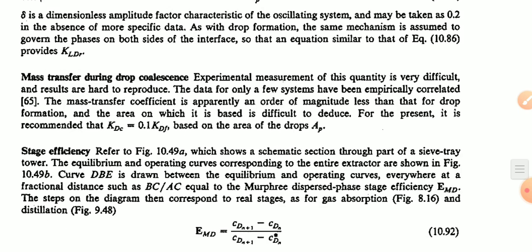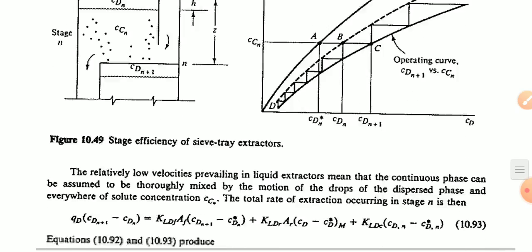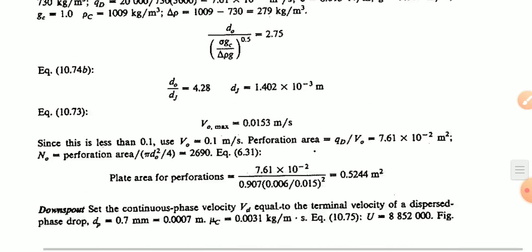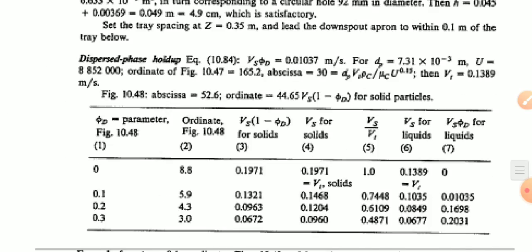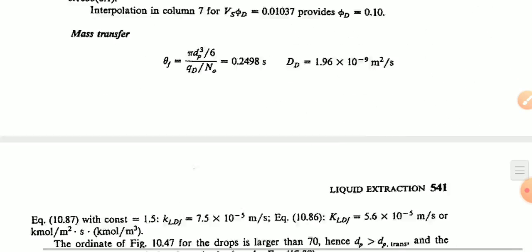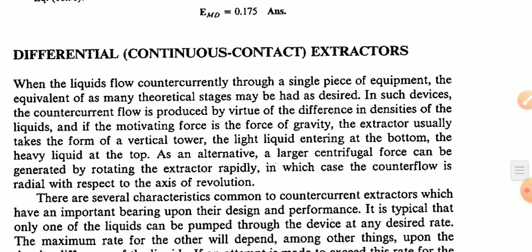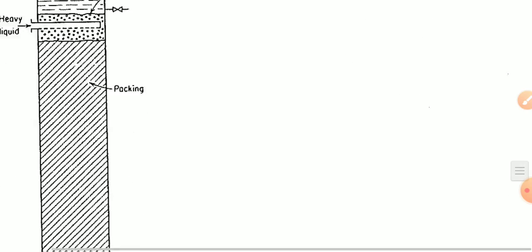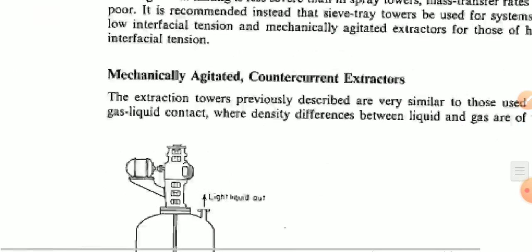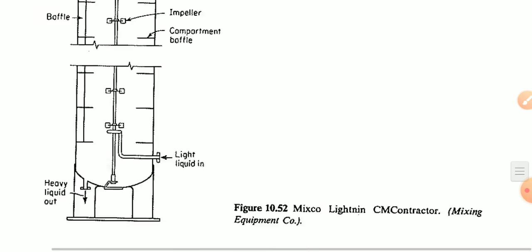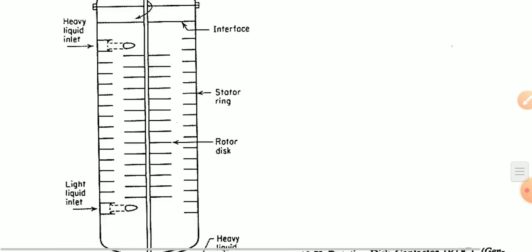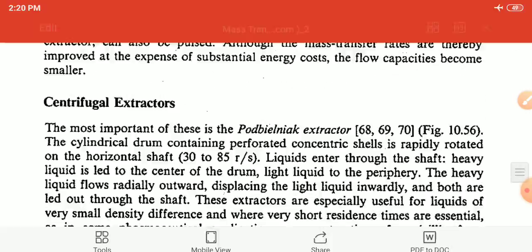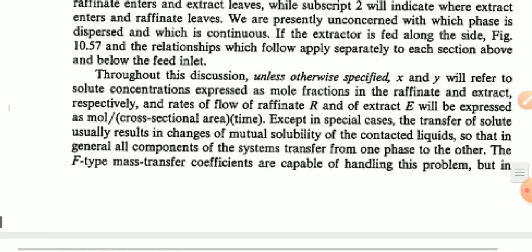Mass transfer including droplets, stage efficiency. Now this is an important chapter, most probably 7 to 14 marks in this chapter. Overall, most of it is examples, in 14 marks. Differential extractors are not asked in the exam. Spray tower and packed tower we have already seen. Mechanical agitated vessel, some extractors, centrifugal extractor, some design.